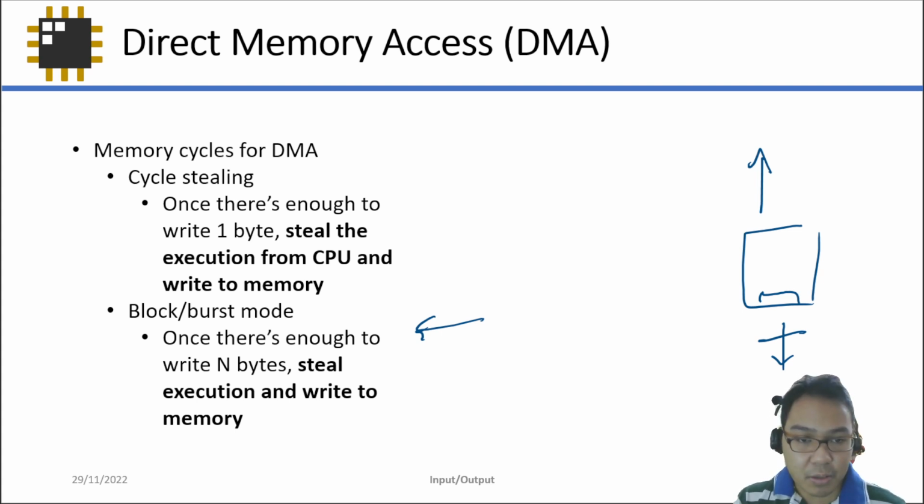So say, for example, the SSD gives 4 megabytes per transaction. I don't think that's realistic, but say for example it does. Then whenever it has sent something, the DMA has an entire 4 megabytes to send.